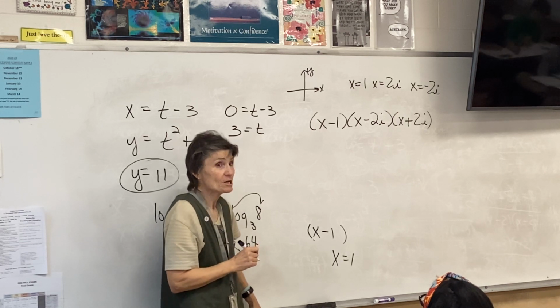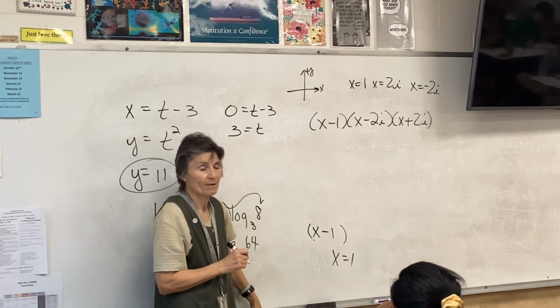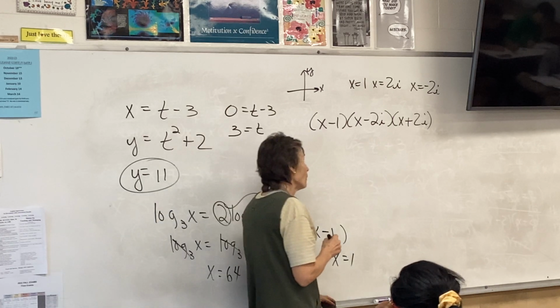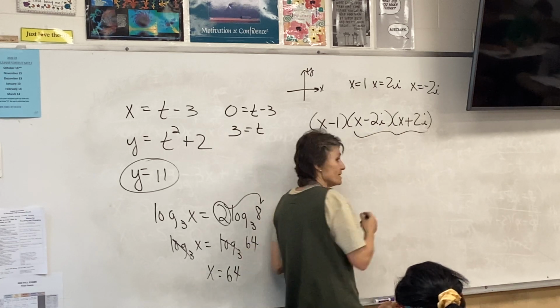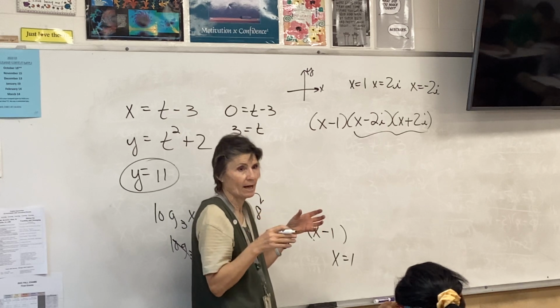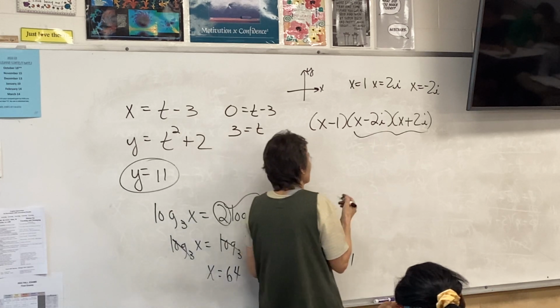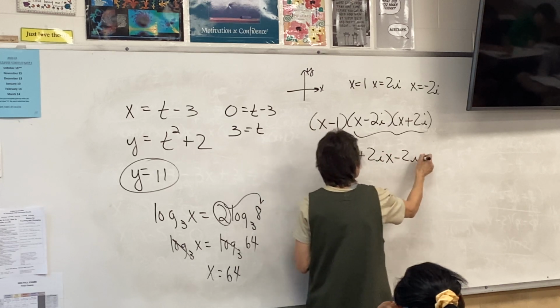So to get the equation, all we have to do is multiply the factors together. I would always start with these because they're conjugates, and when you multiply, things are gonna cancel out. So it's gonna be easier to deal with. So just FOIL them out.